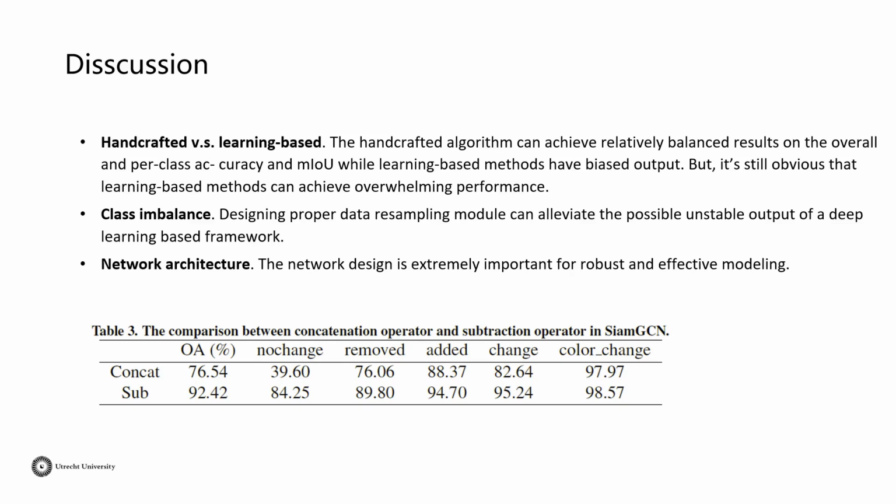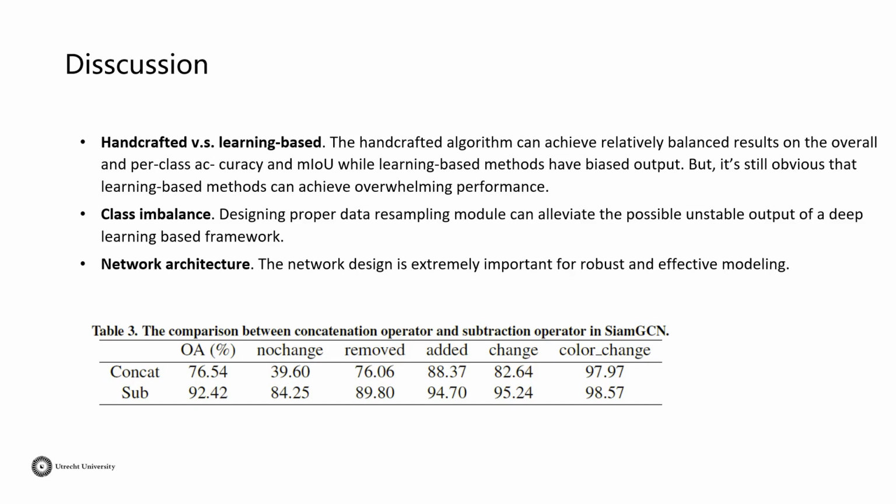apart from the very different processing stage, we find that they use different operators to deal with the final output vectors. The third method adopts a subtraction operator, while the second method uses a concatenation operator.